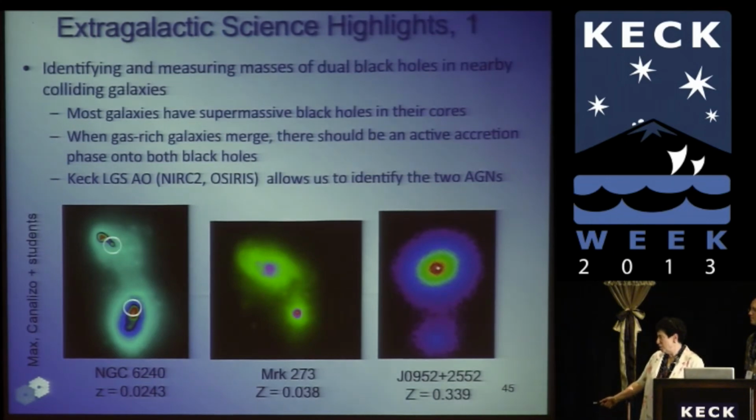The first one, and these circles are where the black holes are, is 2 gas-rich colliding galaxies at a low redshift, z of 0.02. Then there's Markarian 273 slightly farther away, again 2 black holes that are both actively accreting. And finally, one at z of 0.34, which I think is one of the farthest that have been observed by these methods.